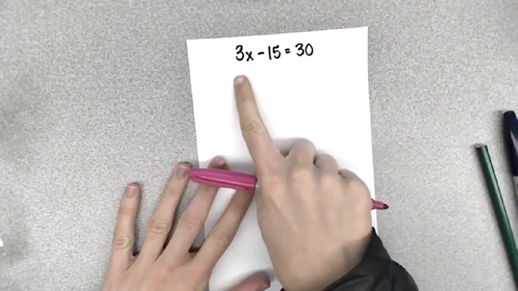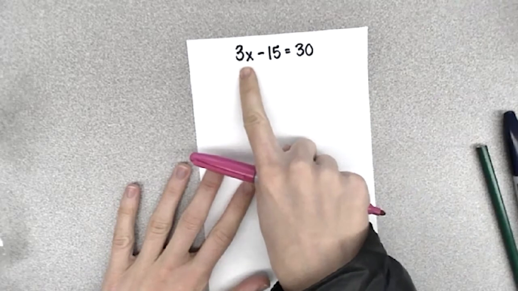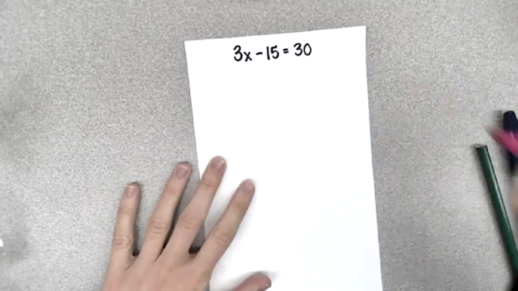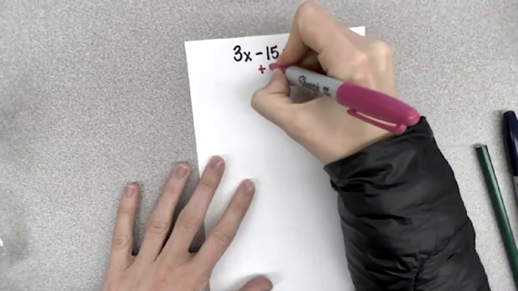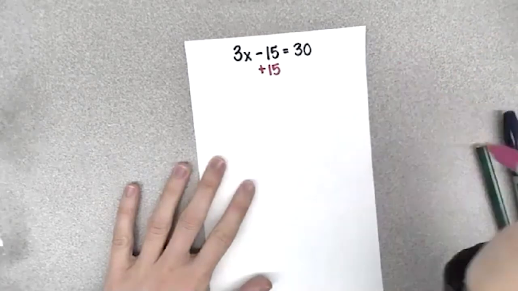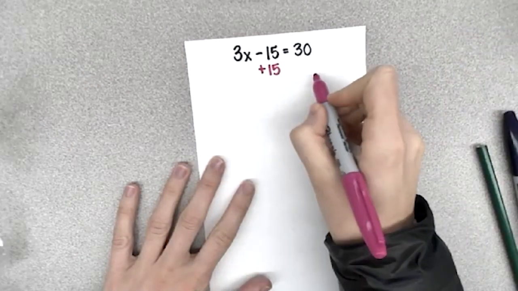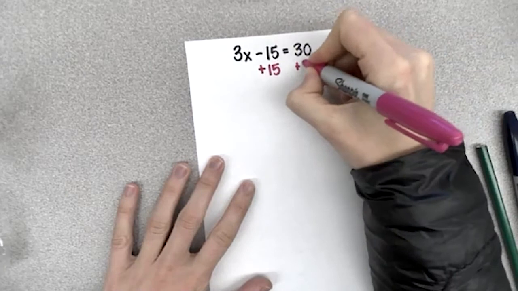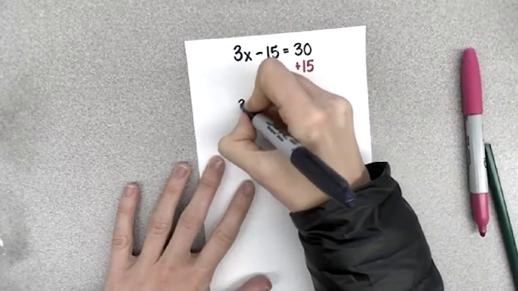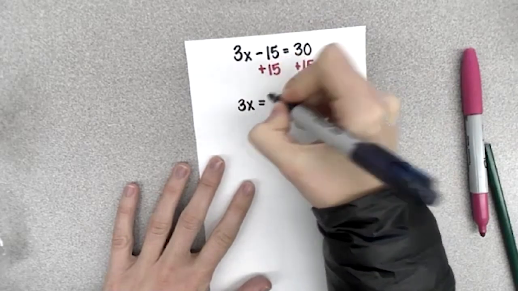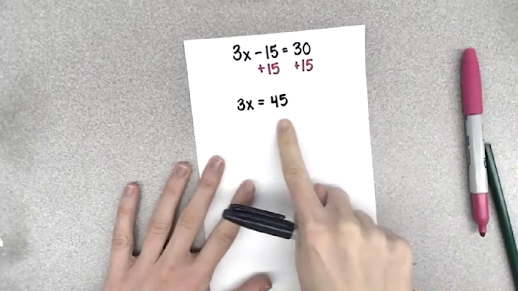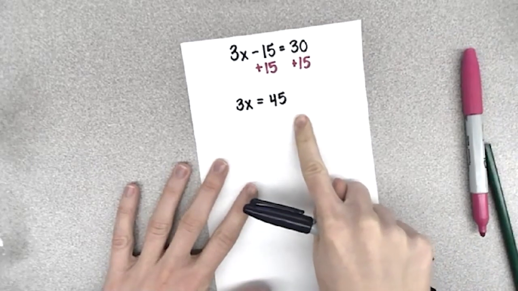So I'm going to add 15 to my negative 15. And if I do it to my left side, I have to do it to my right side. So I'm also going to add 15 over here. That will get me to 3x equals 45.